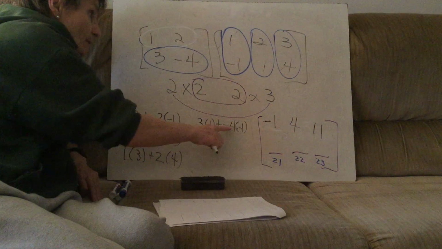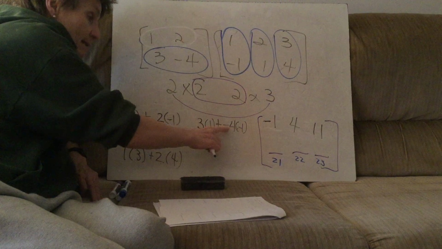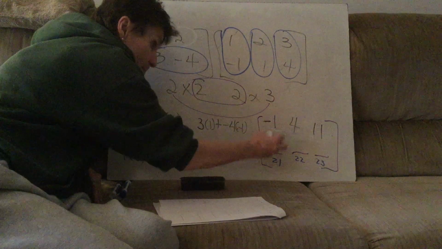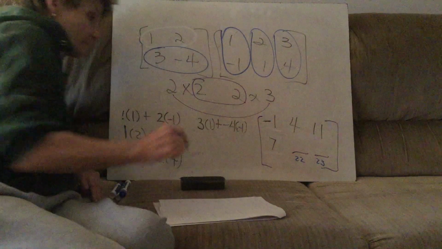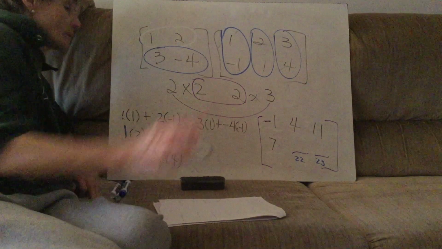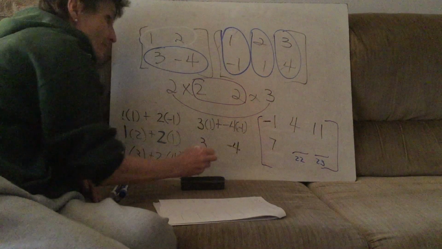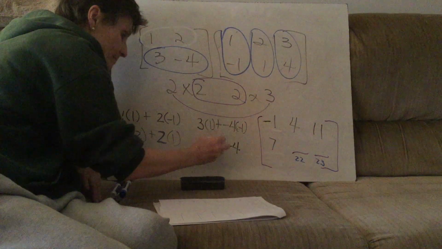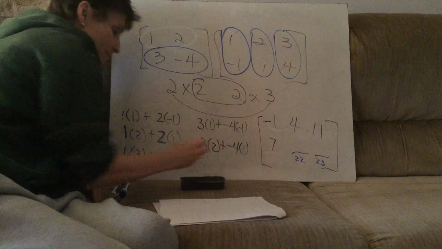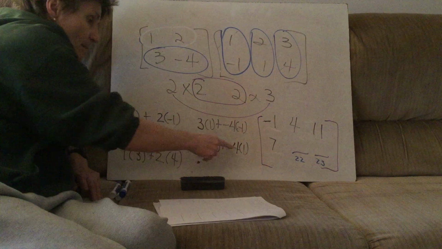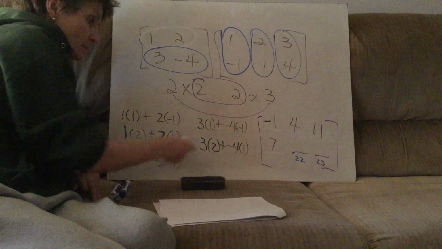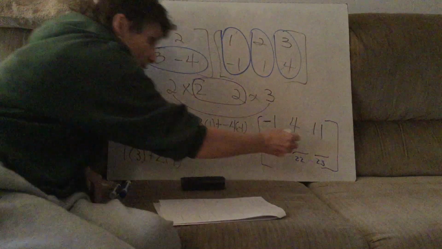That's 3 plus 4. That's a negative times a negative, so it's going to be plus. So that number is a 7. Second row, second column: 6 minus 4, 6 and negative 4, that would be a 2.